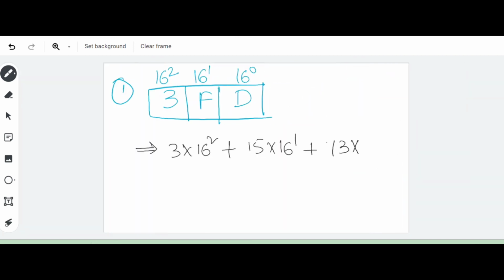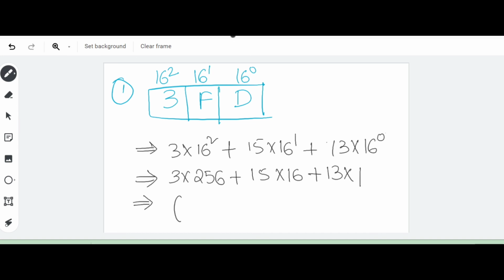So 13 into 16 power 0. Now let's do 3 into 256 plus 15 into 16 plus 13 into 1, because anything to the power of 0 is 1. By the end you will get the answer 1021. Remember, we have changed this, so it will be decimal. We are changing from hexa to deci. Remember that. So this is about binary, decimal, hexa and octal.